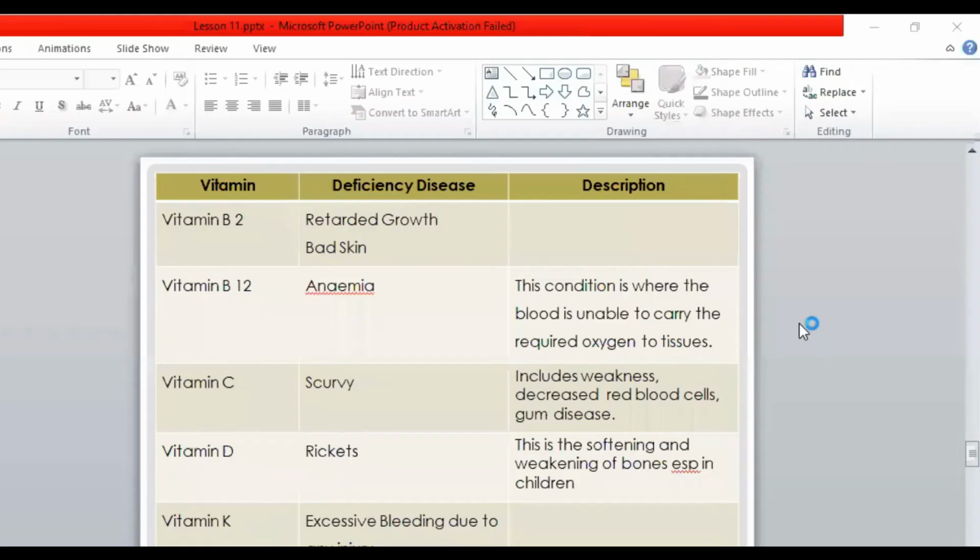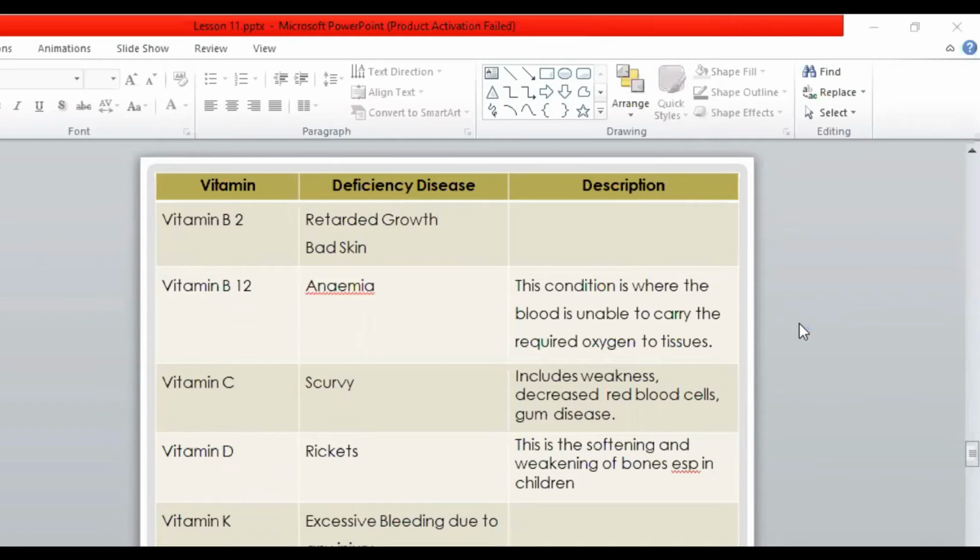All right, so we are going to be looking at some of the other vitamins that we looked at when we were looking at vitamins and the different food nutrients. So we're on to vitamin B2.